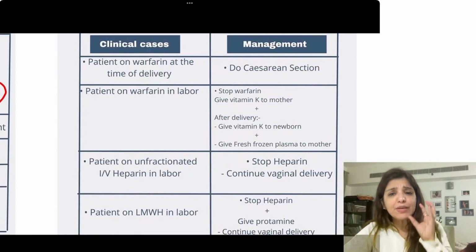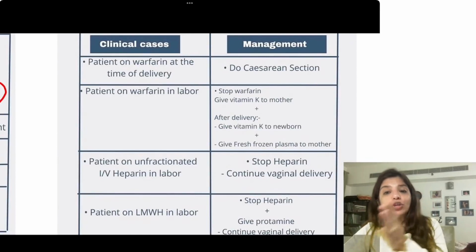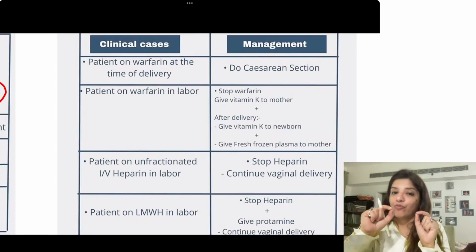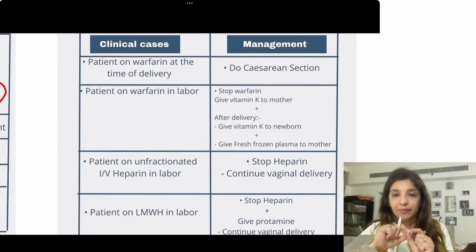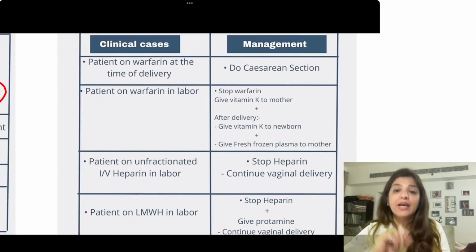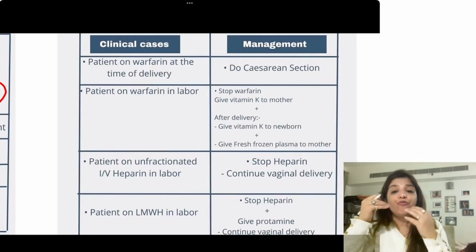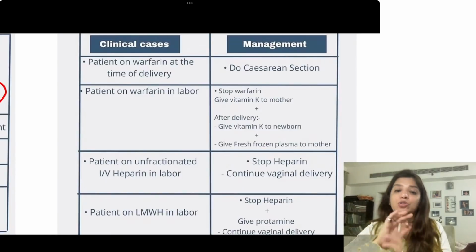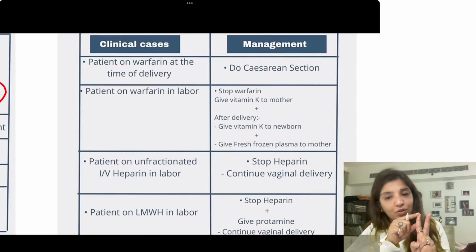Why? See, warfarin is a very strong anticoagulant and warfarin crosses the placenta also. So if a patient is on warfarin very near to her EDD and I make her undergo vaginal delivery, what is going to happen? See, there are two risks. Because it is a strong anticoagulant, there are chances of PPH in the mother, right?